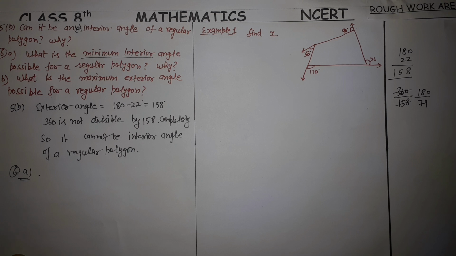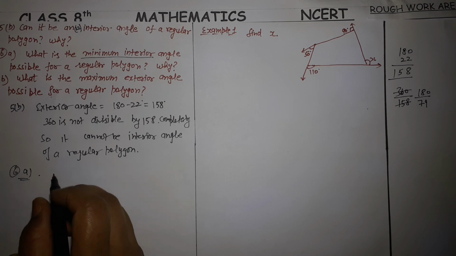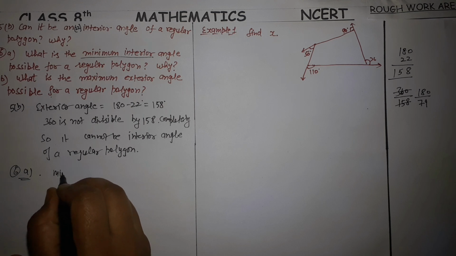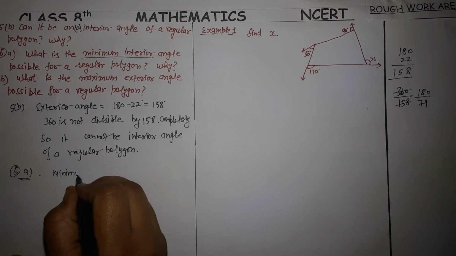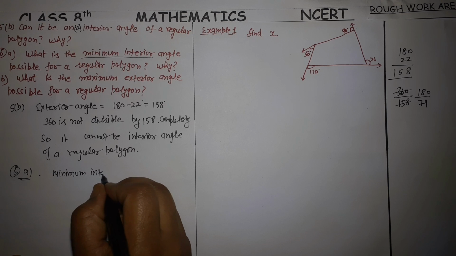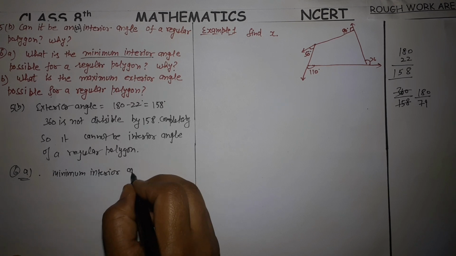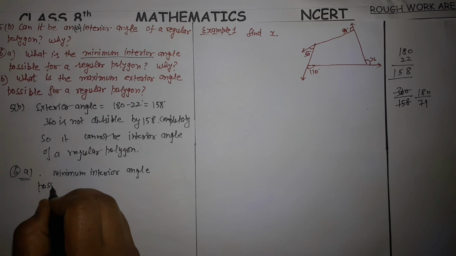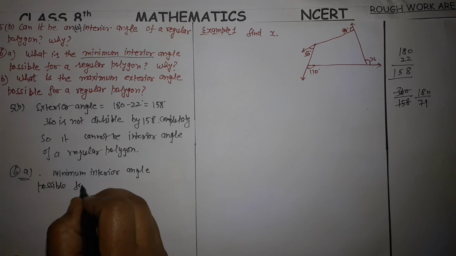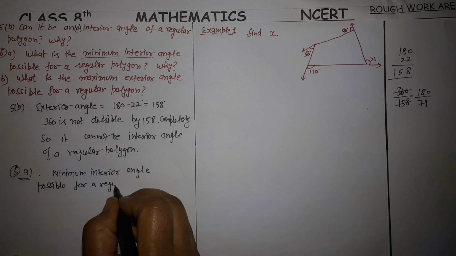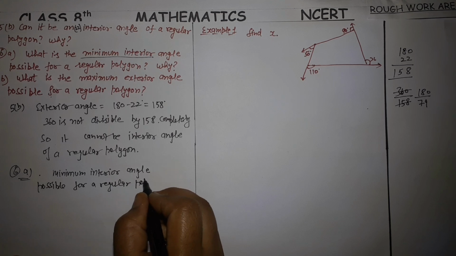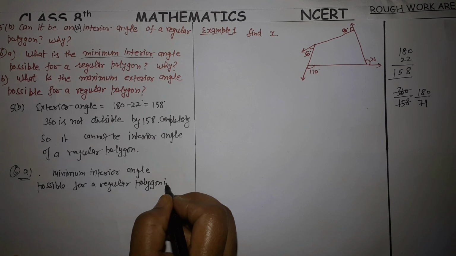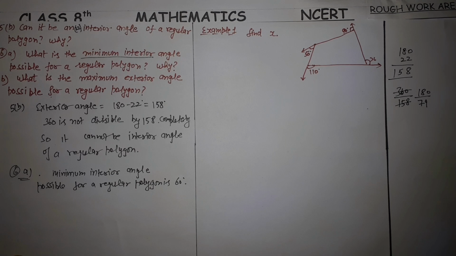So the minimum interior angle possible for a regular polygon is 60 degree.